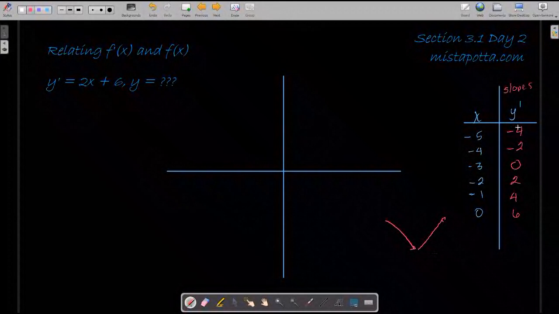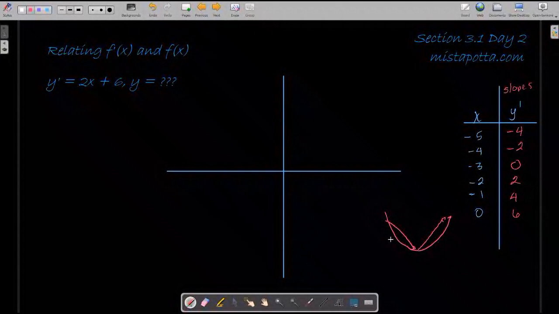But I also notice that this graph is actually going from steeper to shallower to more flat, and then starts increasing as well. So I really have this kind of U shape.